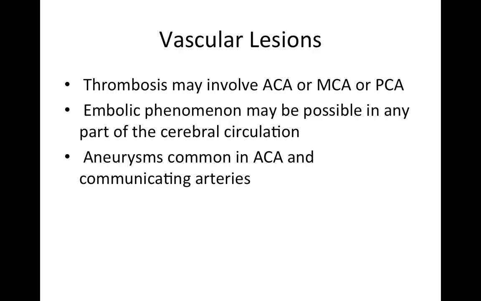They get dislodged and circulate and finally reach the cerebral circulation, causing obstruction to the blood flow. Aneurysms are common in the anterior cerebral artery and the communicating arteries. Rupture of the aneurysms results in acute subarachnoid hemorrhage and hemorrhagic stroke.